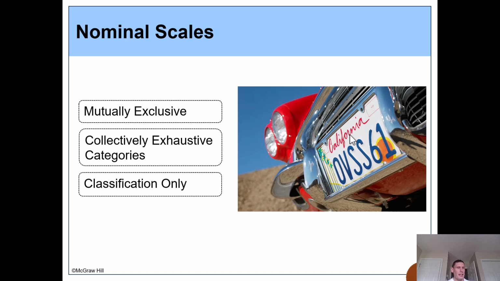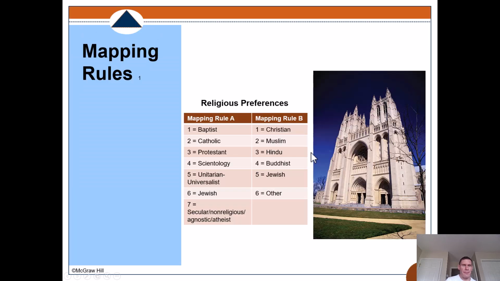So they're collectively exhaustive categories. And it's just a classification, right? It doesn't necessarily, I mean, in some cases it might, but in a lot of cases it doesn't mean anything more than it just being a simple classification system. So as an example, if we look at religious preferences, mapping rule A versus mapping rule B. Number one is Baptist, number two is Catholic, and then number three is Protestant, but then if you look at mapping rule B, you notice that they're different.